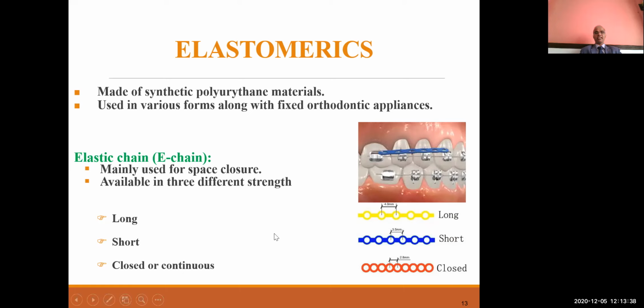First, elastic chain, which is also called E-chain. These are used mainly for space closure. They are available in different strengths. It may be long, short, or close, depending upon the space between the two rings.